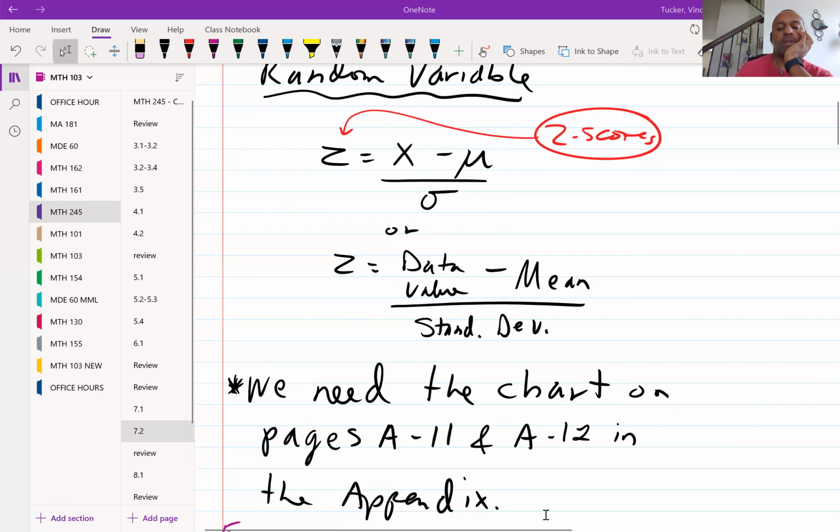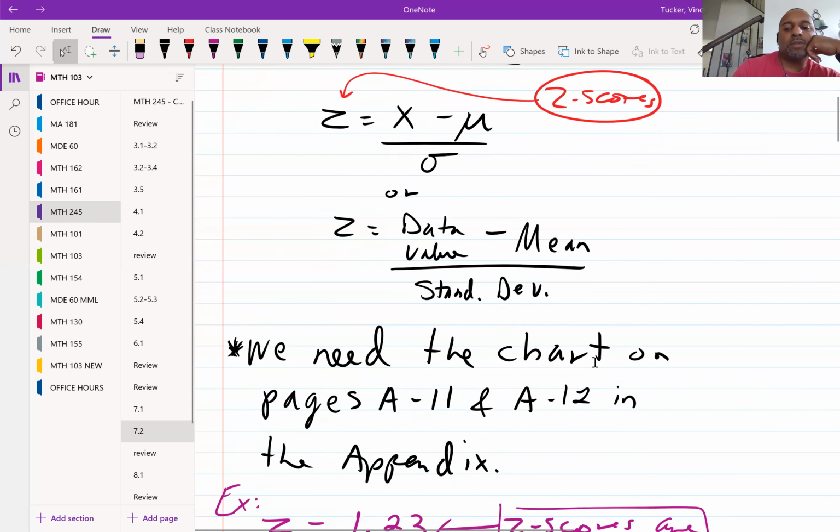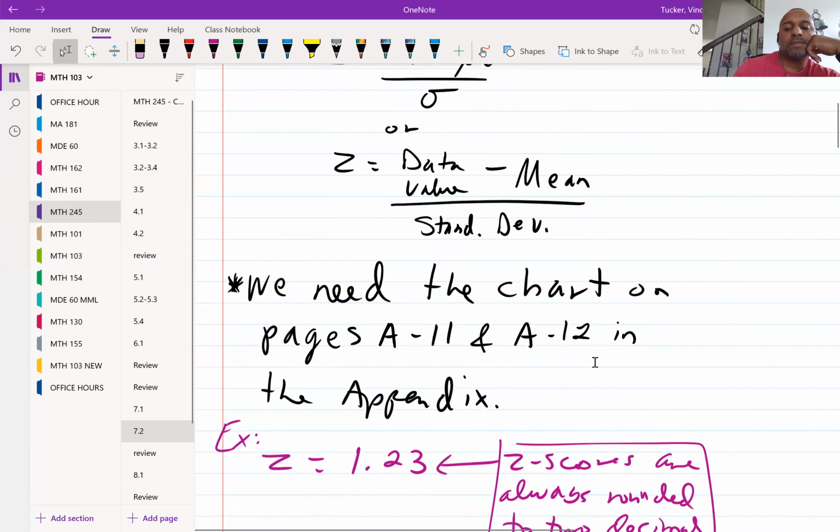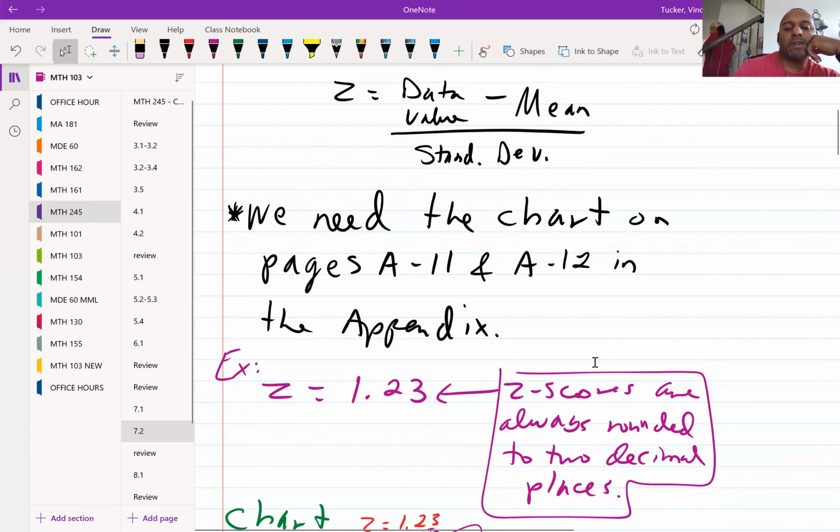I'll show you guys what it looks like. Your z-scores will always be rounded to 2 decimal places, so always keep that in mind.